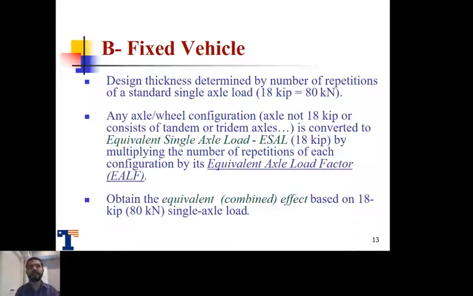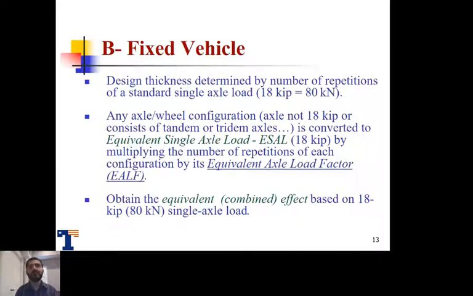So for example, if I have two axles from my own little vehicle, each one of those axles is handling barely 2,000 pounds, then we need to multiply this axle by an equivalent axle load factor, or EALF, to convert this axle to how much damage this small axle will introduce to the pavement compared to the equivalent single axle load that is 18 kips.